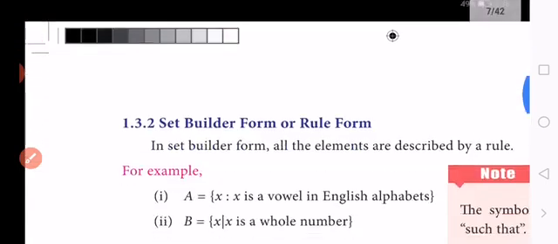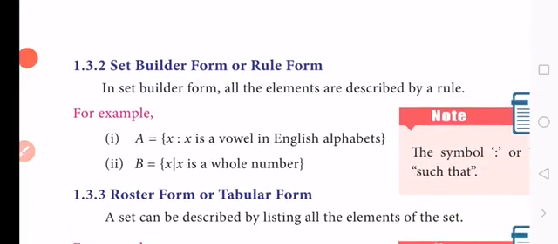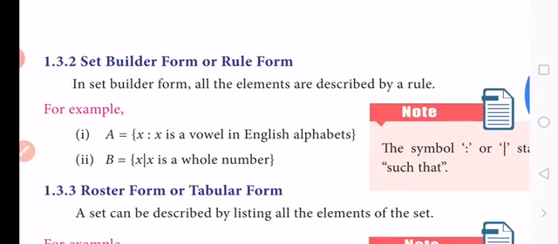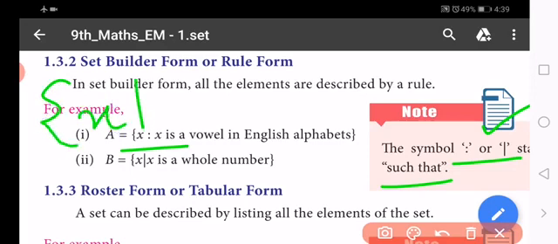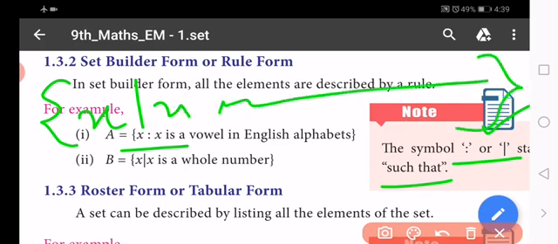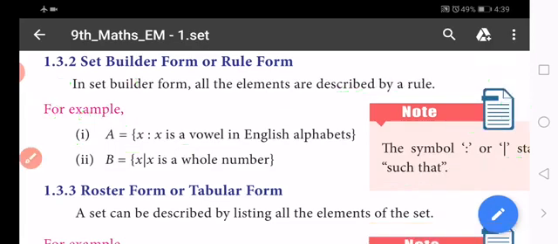In the second method, set builder form or rule form, we use the curly brackets and the symbol that means "such that". So how to read? This is very important. Many students make mistakes in this type of example. The first one: the set of all x such that x is a vowel in the English alphabet. That's all. Do you understand?